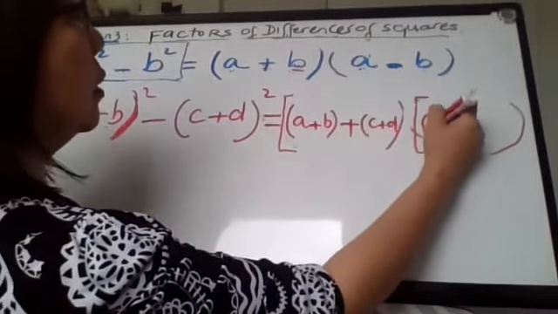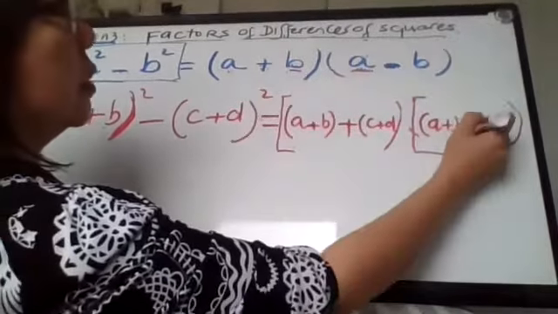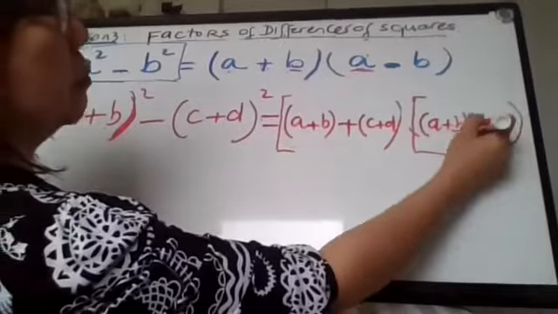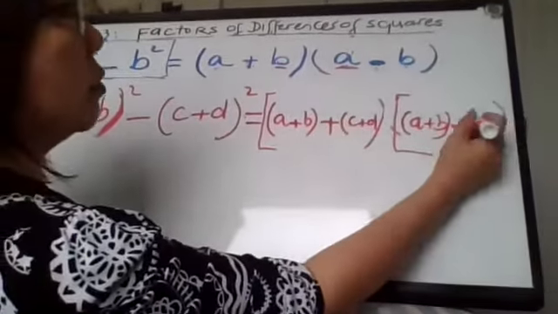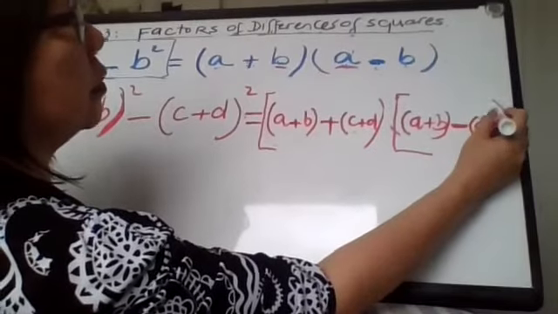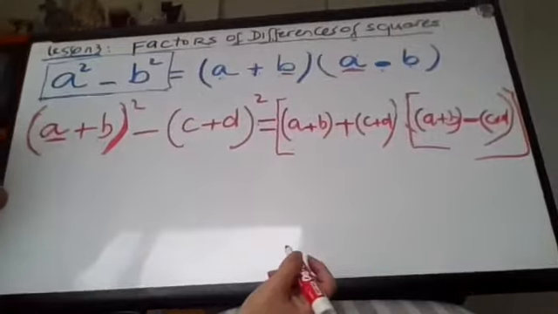Open the small one, A plus B for our A here. Minus is minus, close this bracket and put down the minus sign here. B is C plus D, open the bracket, C plus D. Right? Now we can close the big square bracket.